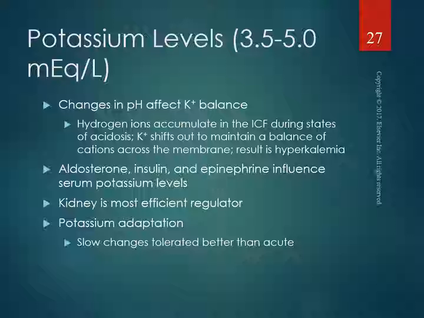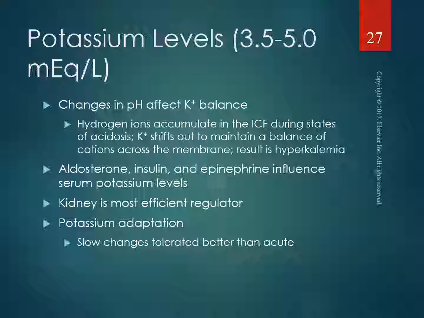Aldosterone then stimulates the release of potassium into the urine by the distal renal tubules. Aldosterone also increases the secretion of potassium from sweat glands.